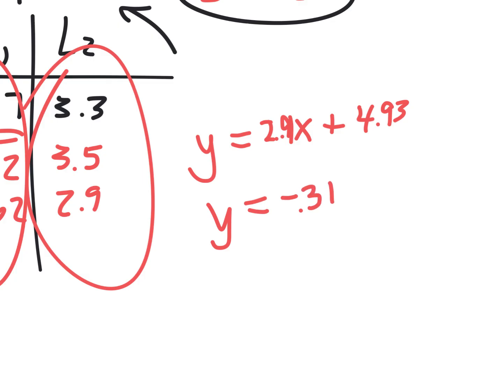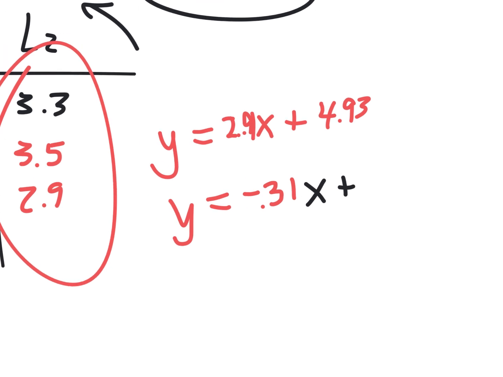I rounded, right, did you? X plus, and the B, oh, I put the negative 0.31 in the wrong spot. Sorry. The 0.31 goes at the end. The A value is 0.02. And then the negative 0.31 goes here.